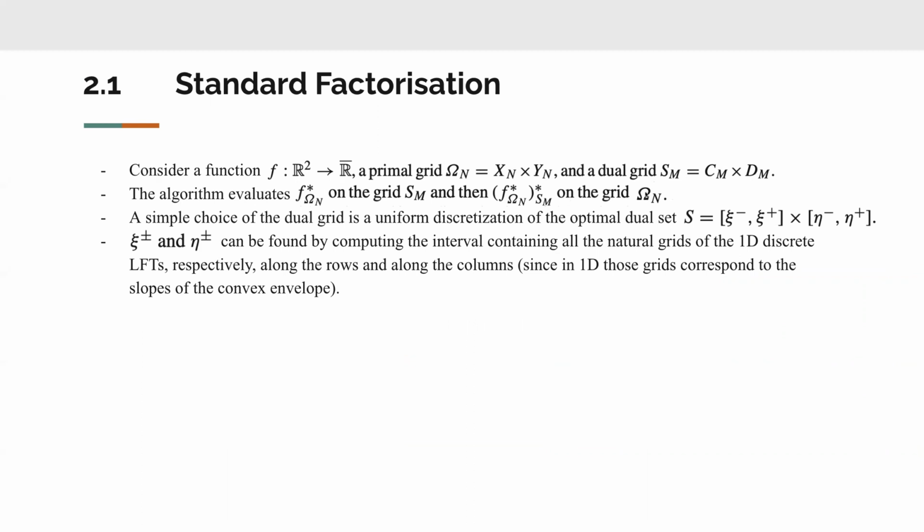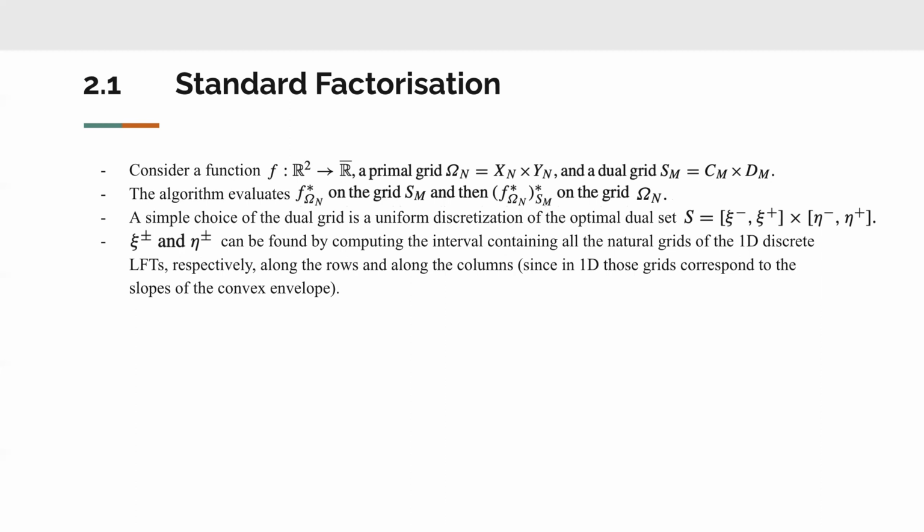So a simple choice of the dual grid is basically the uniform discretization of this particular set. And how do we get these values? These values can be found by computing the interval containing all the natural grids of the one-dimensional discrete LFT along each row and column.